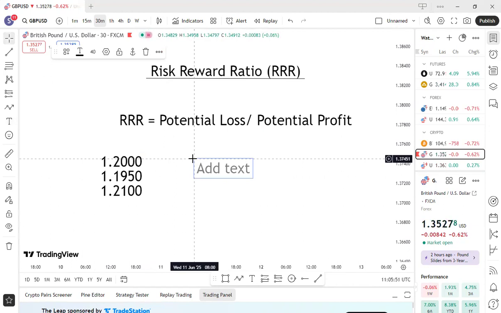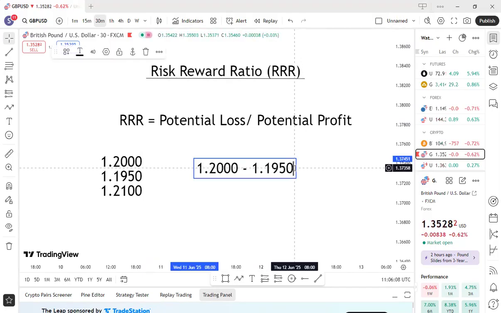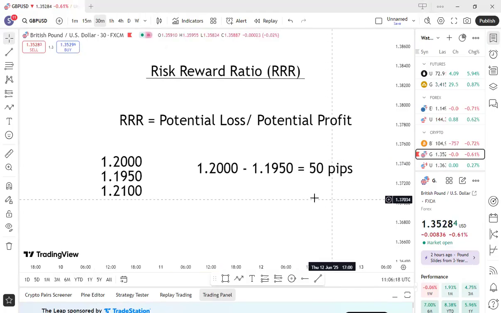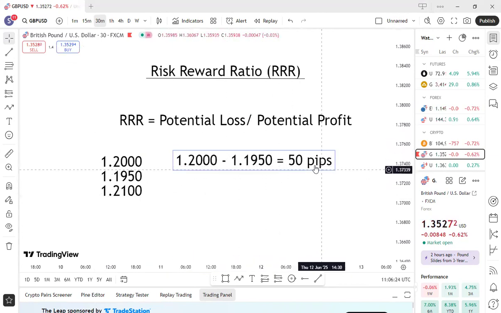We're having entry at 2,000 and then we're minusing it by 1,950. Automatically, we are having a value of 50 pips. So now we have gotten our potential stop loss at 50 pips.